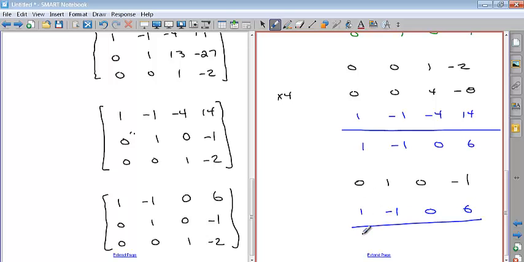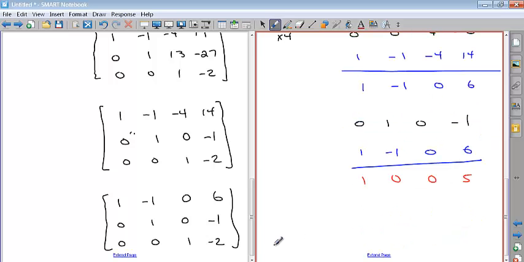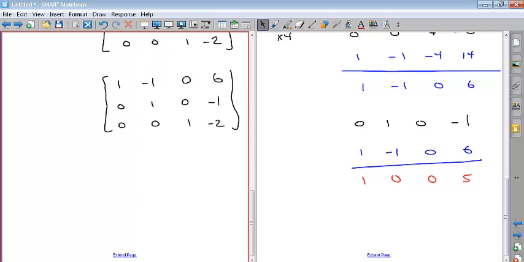So here we'll get 1, negative 1 plus 1 is 0, 0 plus 0 is 0, 6 plus negative 1 is 5. So that now becomes our new first row. And now we've got it into the format that we're looking for.